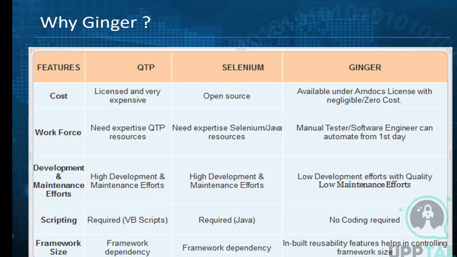If you talk about the tool, it is QTP, Selenium or Ginger. The language can be VB script, Java, Python, Ruby, Perl, C#, any language. In terms of framework, QTP can have different frameworks, Selenium can have different frameworks, and in Ginger we have an inbuilt reusability framework.